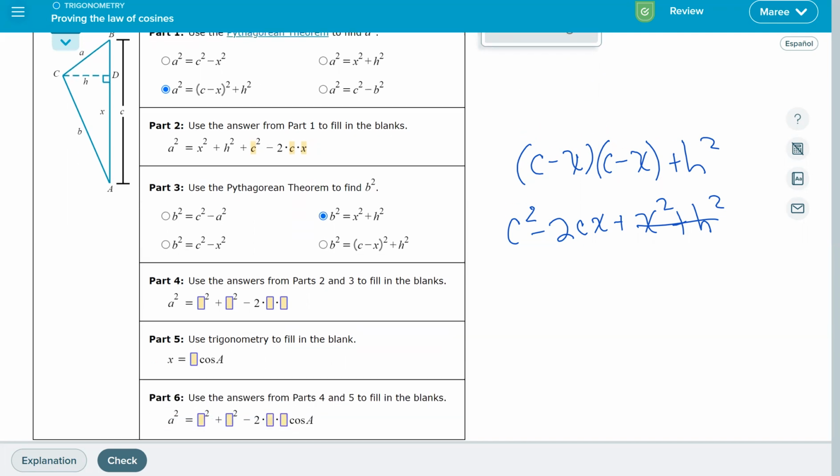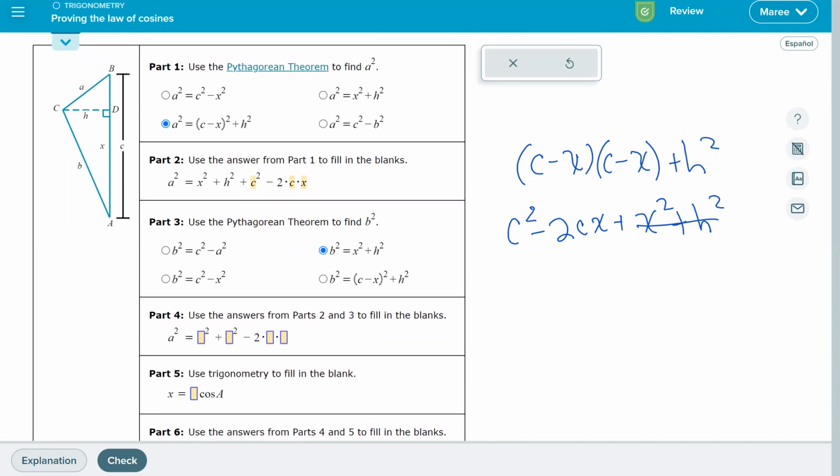Now we're going to use the answers from part 2 and 3 and fill in the blanks. So a squared is equal to, we have x squared plus h squared. Oh, it's this one right here. That's our b squared, so we're going to replace that in our equation with b squared.